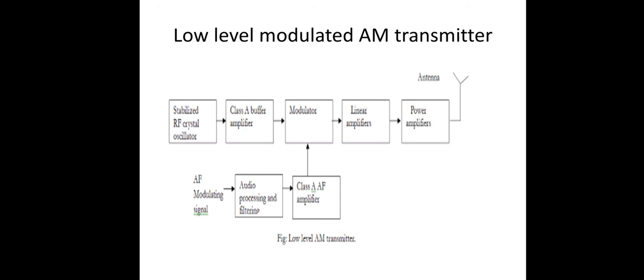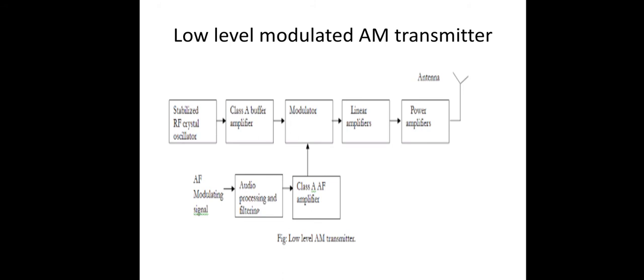Then the amplified modulating signal is applied to the modulator along with the carrier. At the output of the modulator we get the AM waves.